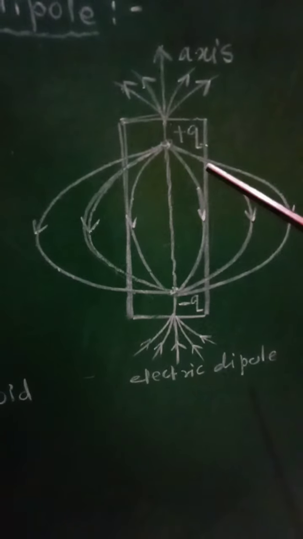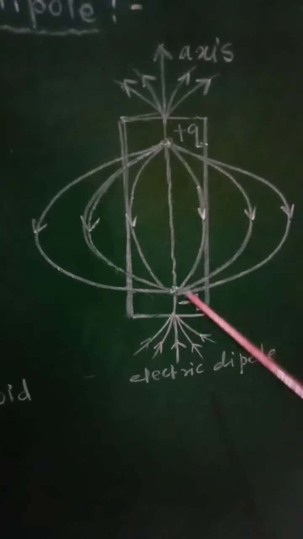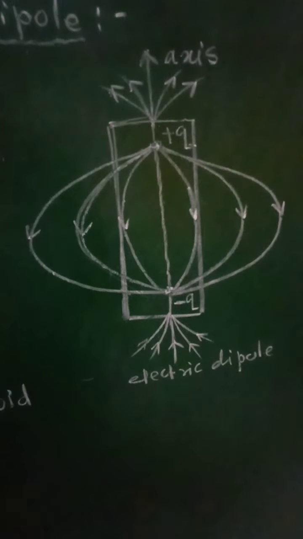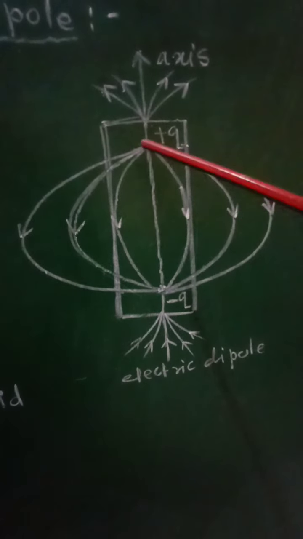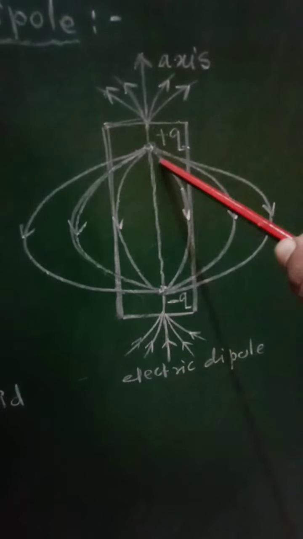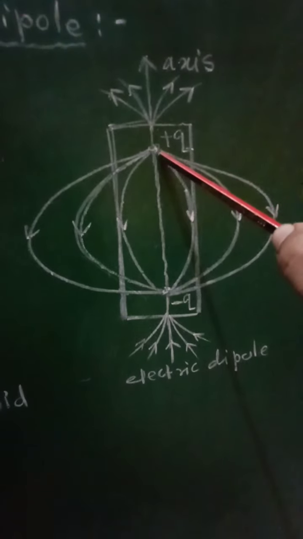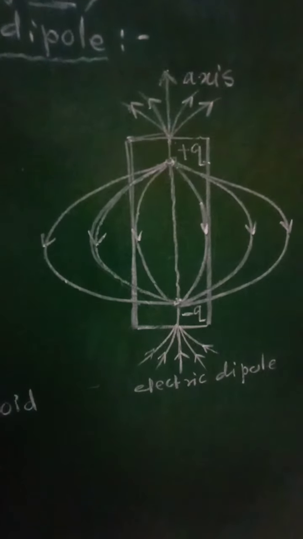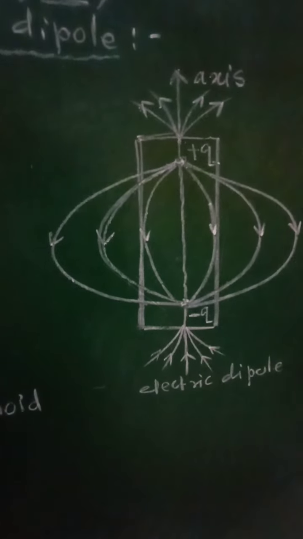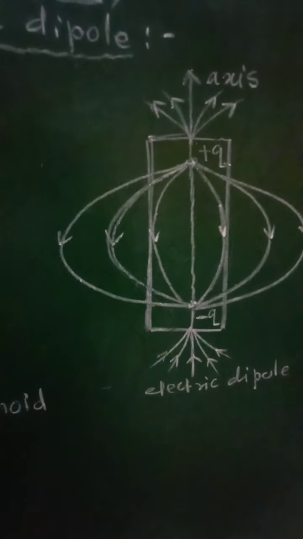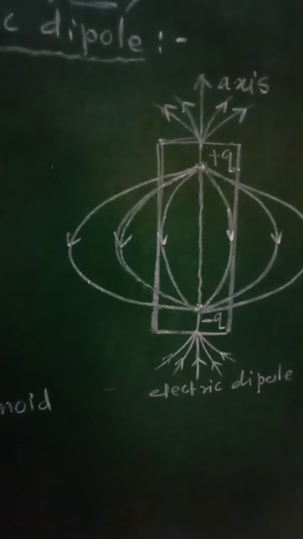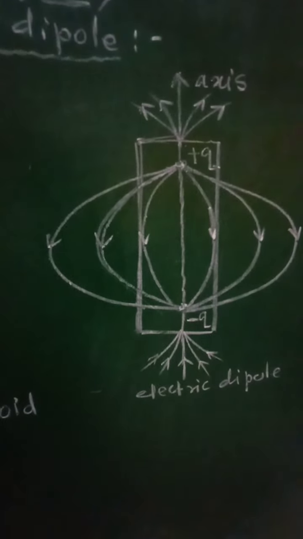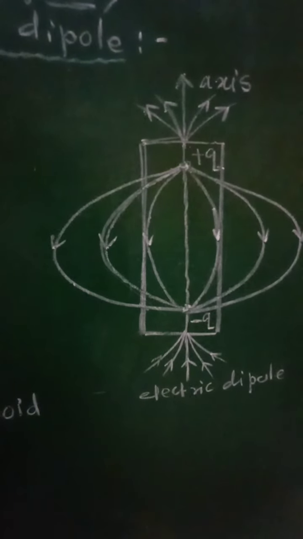If you consider electric dipole, that is a pair of positive and negative charge separated by some finite distance, then again in this case the lines of forces originate from the positive charge and will end on the negative charge.